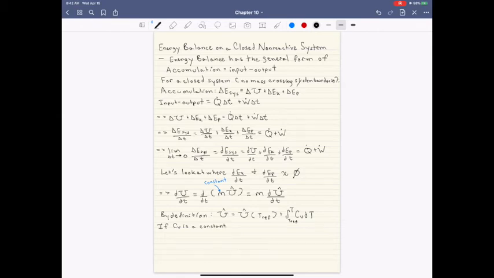what we could say when we put the specific internal energy into the derivative is that it's going to be the sum of the derivative of this specific internal energy at some reference temperature plus the derivative of CV times the integral of a constant, which is basically a delta T, or T minus T ref.